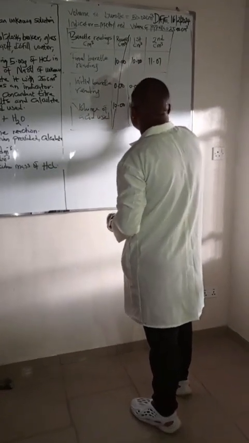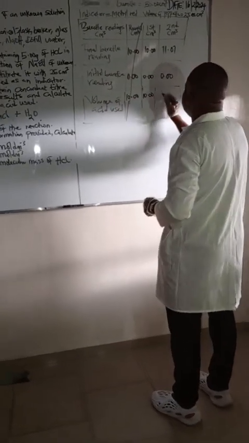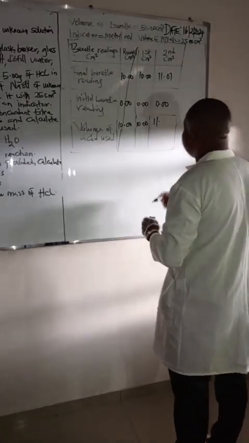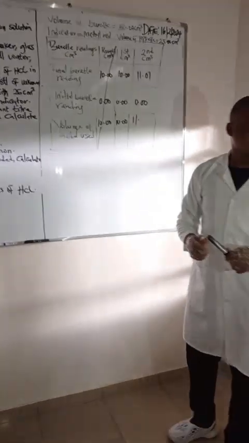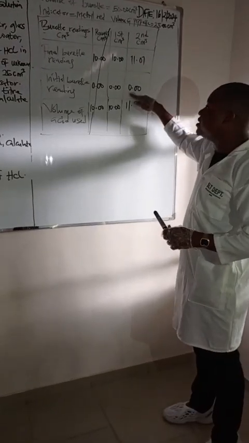initial. Here is 10.00. This is what? 11.01 minus 0.00. Those of you that have calculator, do it for me, let me see. 11.01 minus 0.00.